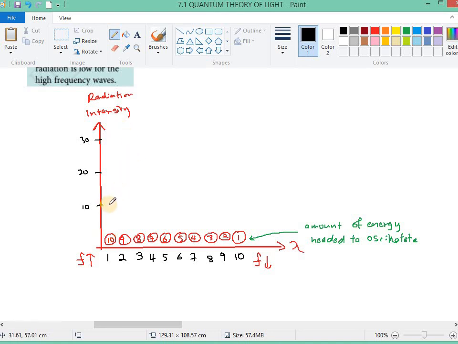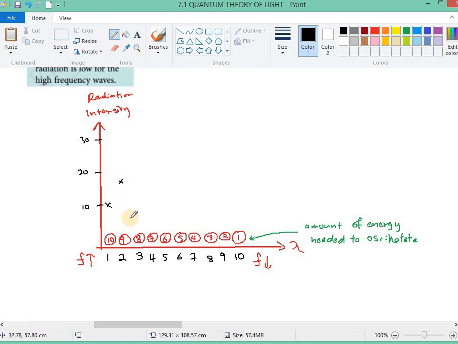So here, the electromagnetic wave, the radiation that is at high frequency, only 10 joule. Next we look at the 9 joule. Two particles absorb 9 joule and release at this lower frequency. So 9 times 2, 18, around here.